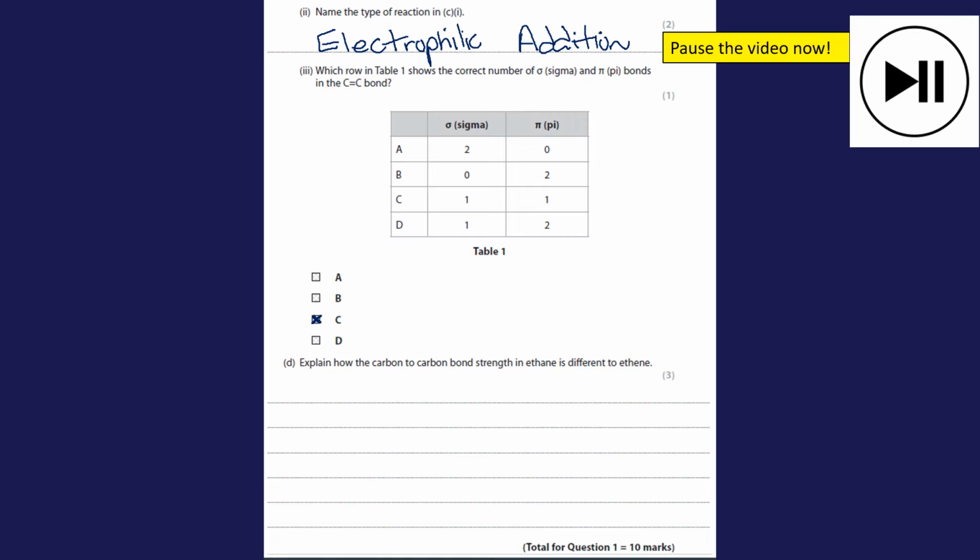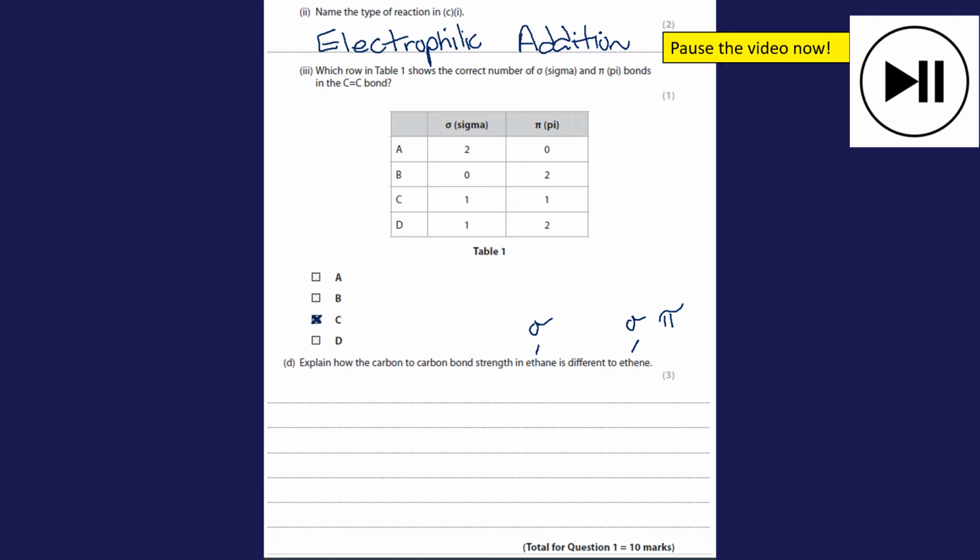Explain how the carbon-to-carbon bond strength in ethane is different to the bond strength in ethene. Okay, so ethane is just a sigma bond, and ethene is a sigma and a pi bond. So I'm going to make the statement that the bond strength in ethene is greater than the bond strength in ethane, because ethene contains a sigma and a pi bond, and ethane only contains a sigma bond.